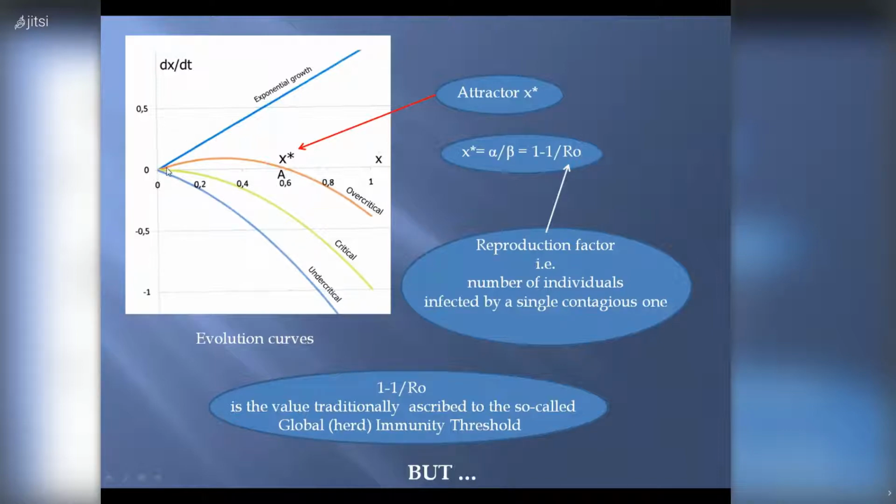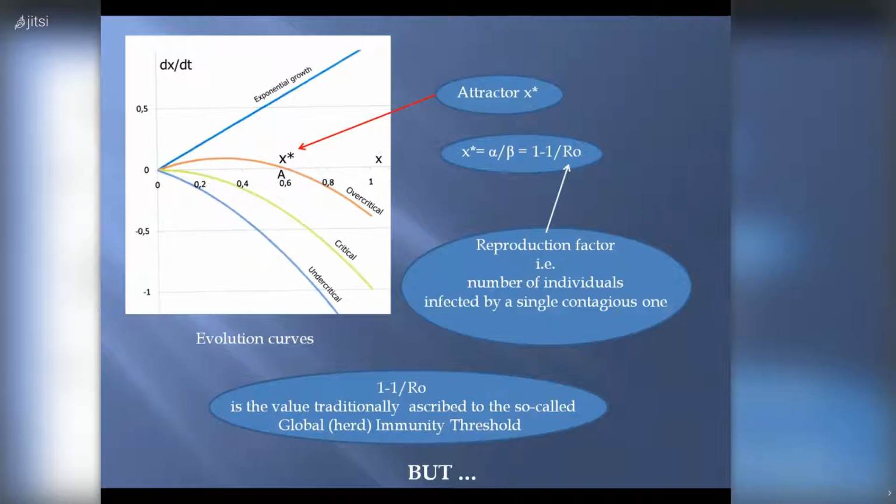So if you start from here, from 0 or close to 0, then the derivative is positive and the number of infected people increases. I lost my arrow, yeah, as usual. So the x increases again. The increase rate is maximum there.